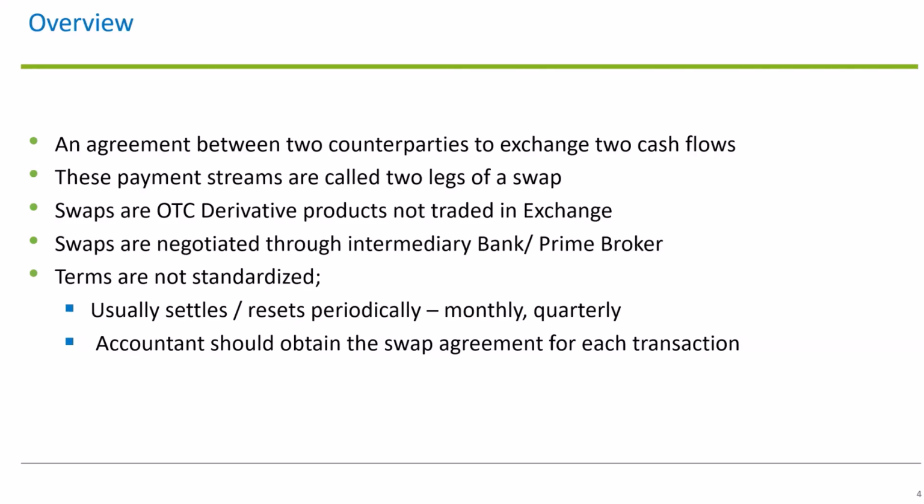So one party is receiving, another party is paying. What really happens is that the differential between the two cash flows, that is what settles on the settlement date of a swap. Now, swaps are not exchange traded products, so these are not standardized. These are over-the-counter derivative products.